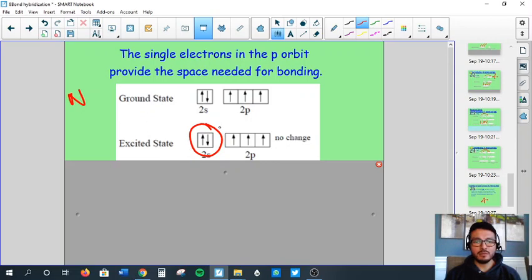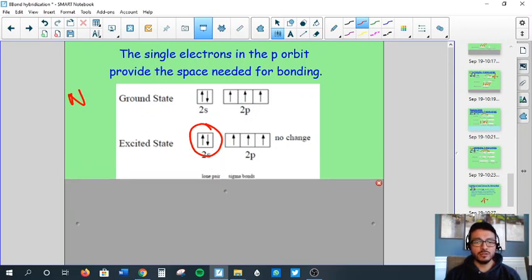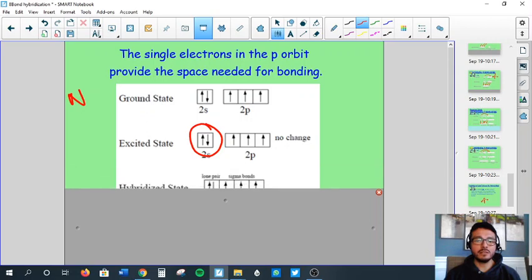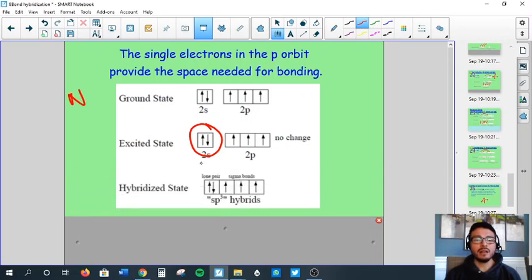Energetically it is getting prepared to bond. It is in an excited state, except there's no movement of electrons. We need to hybridize though. For any kind of bonding to occur, we still need these hybridized states to happen. So we have two electrons here in the s suborbital. Then we have 1, 2, 3 electrons from our p's come here. Now we're counting the number of orbitals.